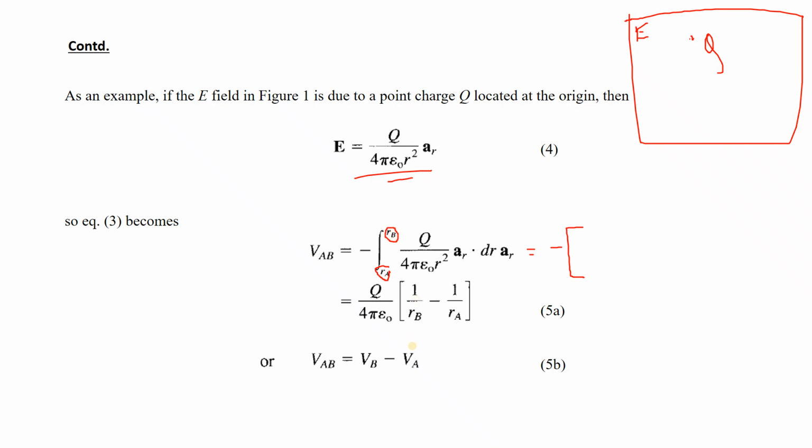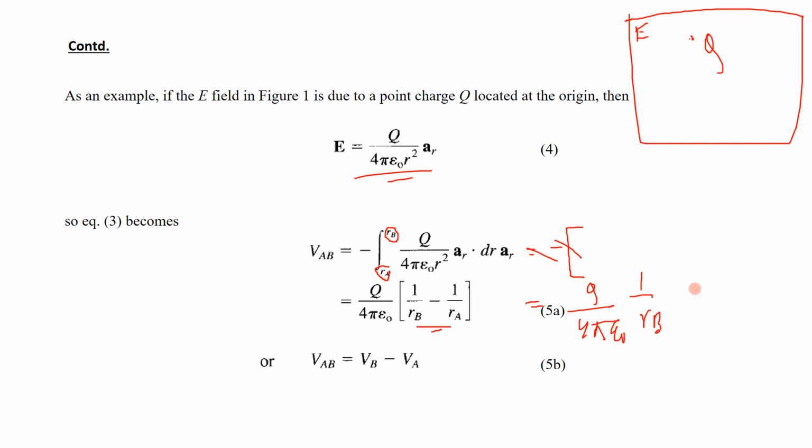If you integrate this and put the upper limit and lower limit, then the equation will be RA minus RB. But if you put this negative sign inside, then it becomes RB minus RA. Then the next step I am showing you.